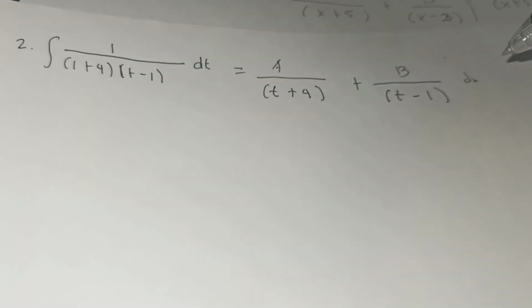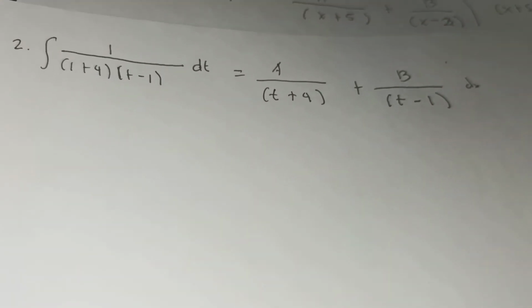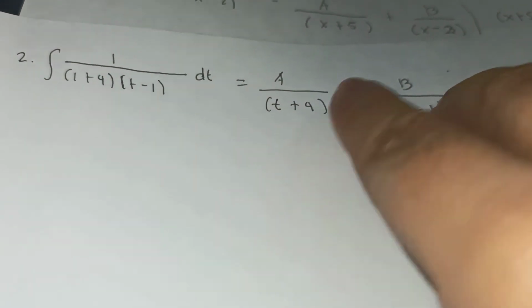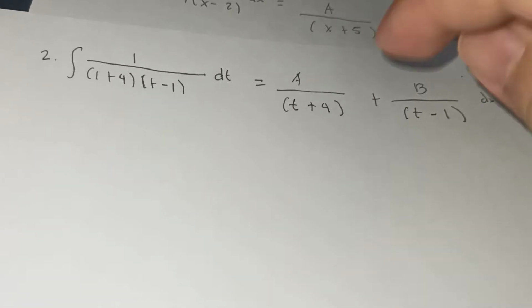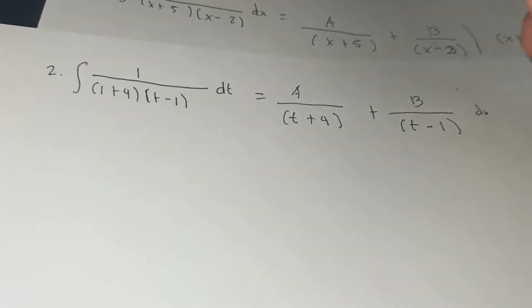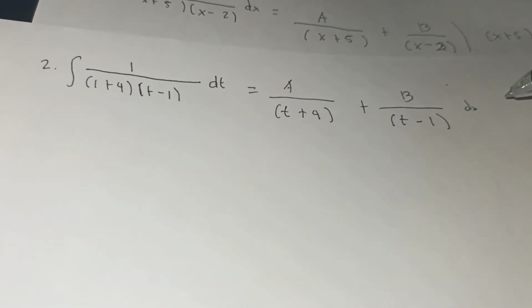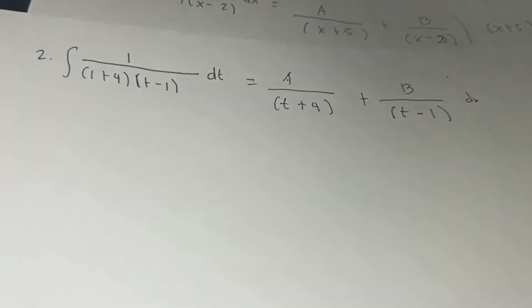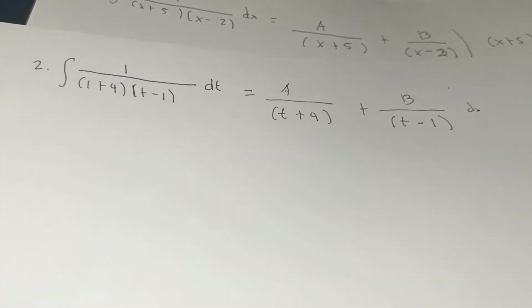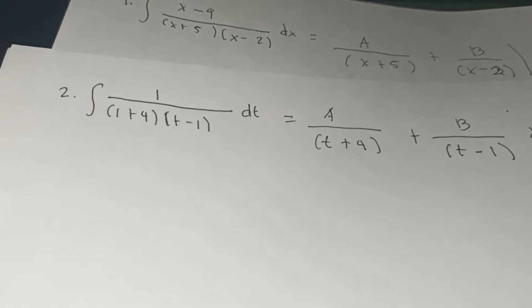Oh, you no longer need to put the dt. And then you just look at this. You can put these two here and then compare which one has similarities, and you just cancel it out.